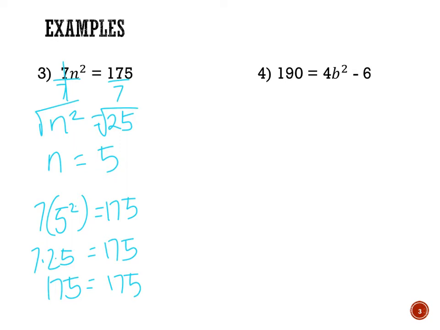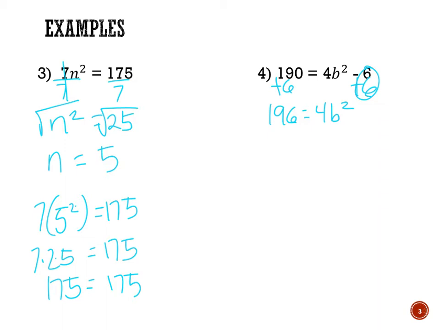Number 4, 190 equals 4b squared minus 6. The first thing I'm going to do is add 6 to both sides. So plus 6, plus 6. Negative 6 plus 6 gives me 0. 190 plus 6 gives me 196 equals 4b squared.